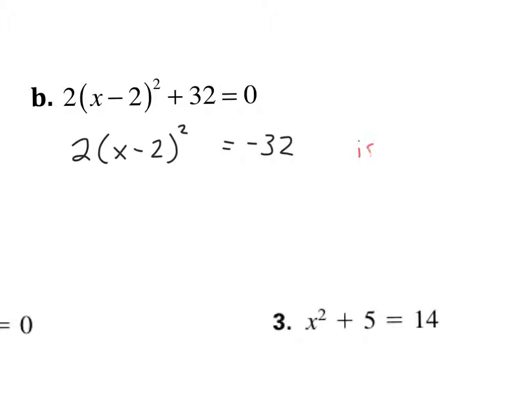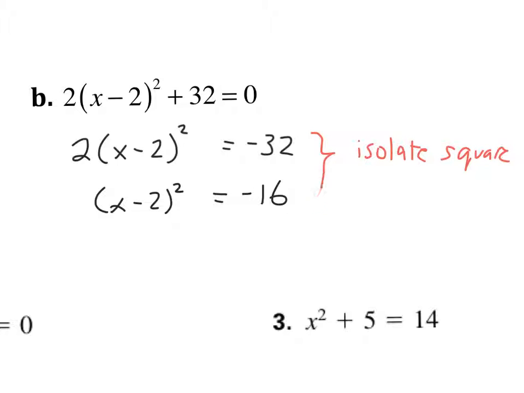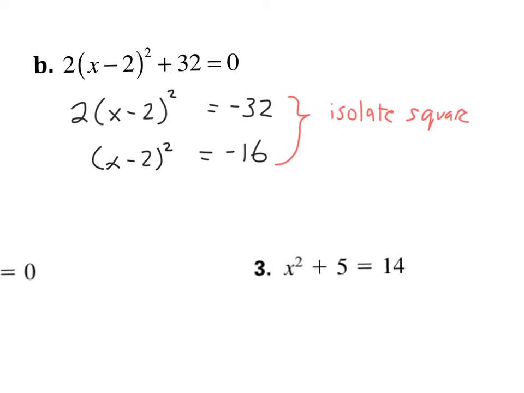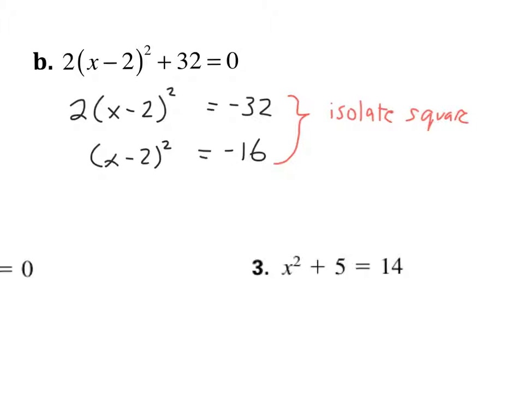The next step is I'm going to divide everything by 2. Again, I'm not going to show me actually dividing by 2, I'm just going to do it. Both these steps are isolating the square. That's the big thing. I did that in 2 steps by subtracting 32 and dividing by 2.